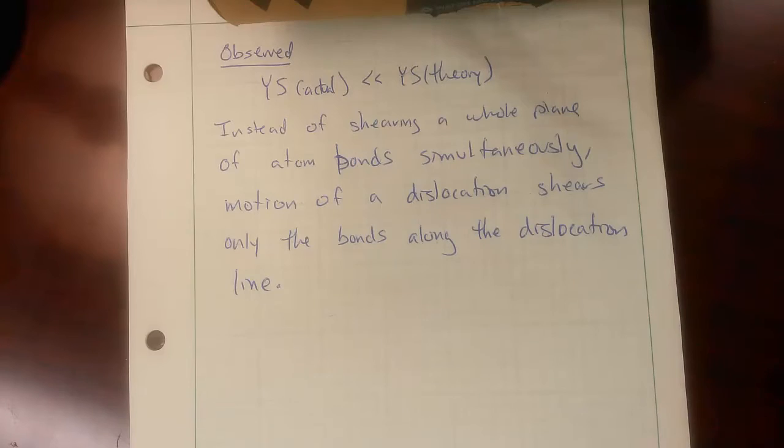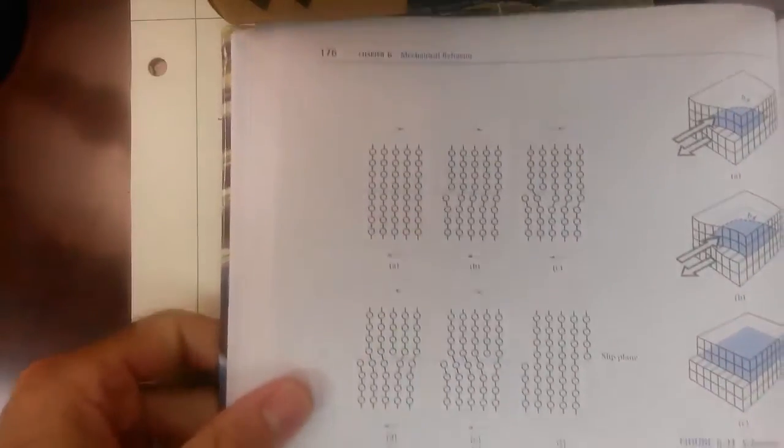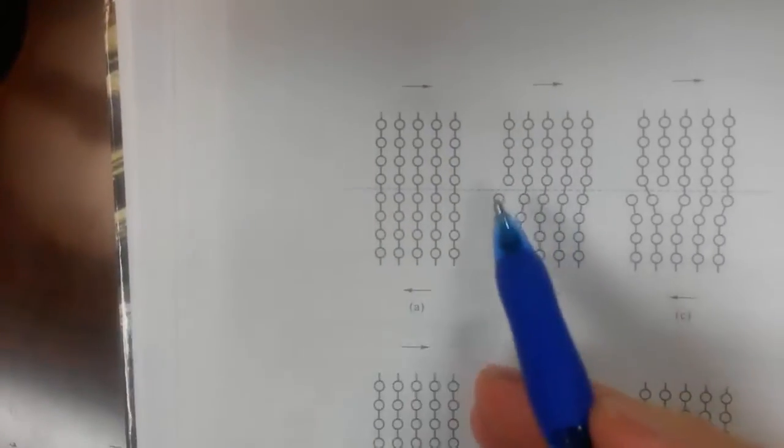So let's see what the textbook looks like on that. Okay, so here is figure 6.20. I can zoom in a little bit.